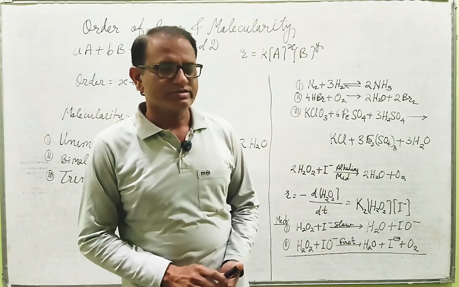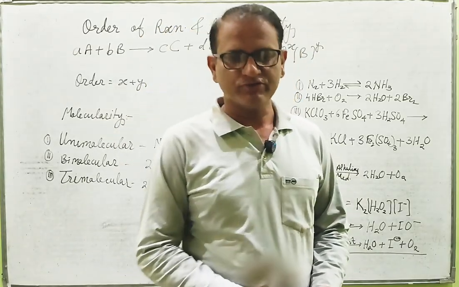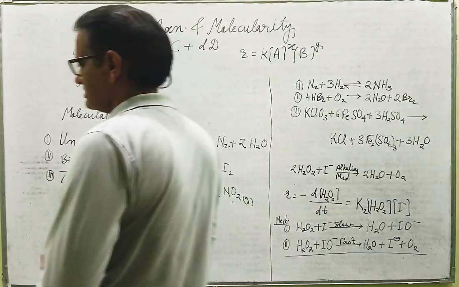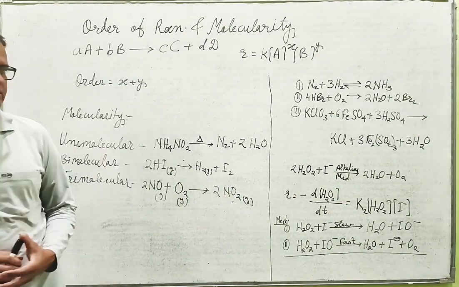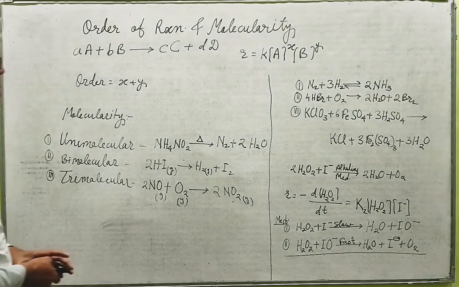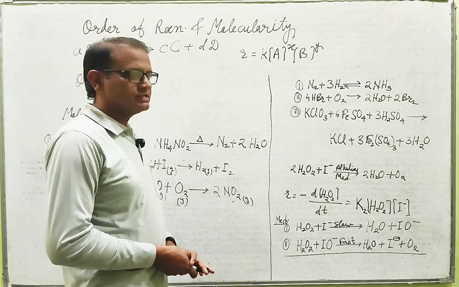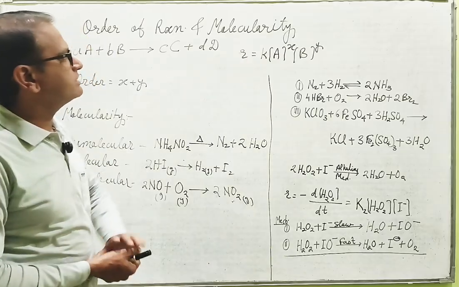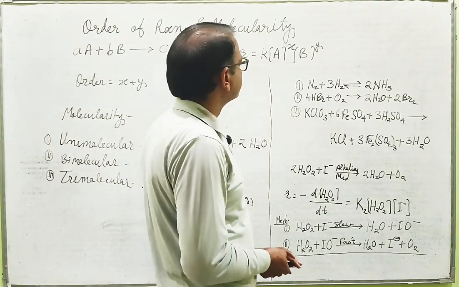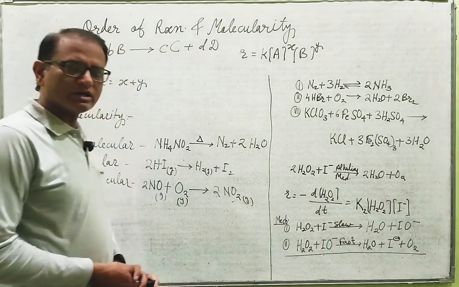Yesterday, in the previous video, we discussed the rate law and rate constant, for a general reaction that was A plus B is equal to C plus D. And we have written the rate law, that is r is equal to k [A] raised to power x [B] raised to power y.